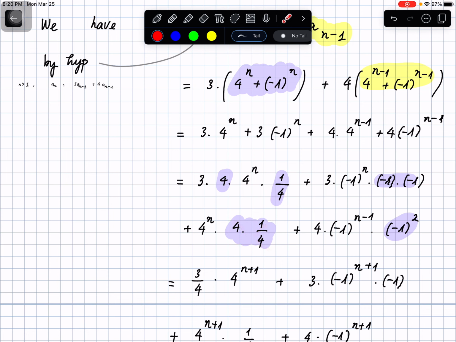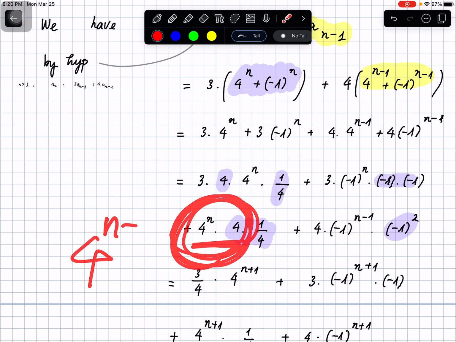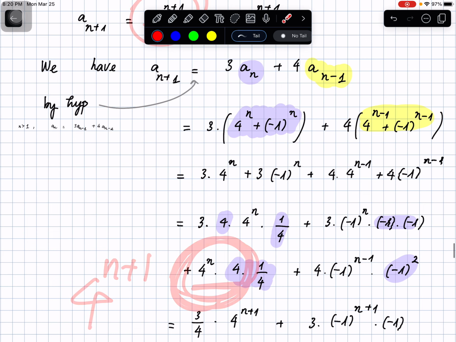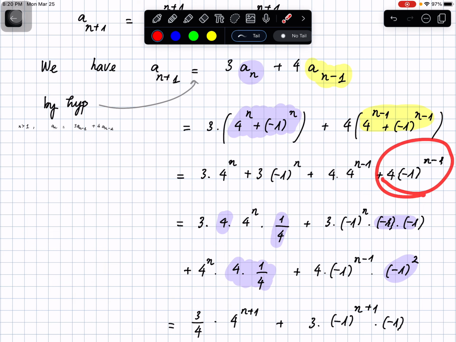But now, if we use associativity, we know that this will give us 4 to the n plus 1. That is what we want. Okay, similarly, for the last one, we want minus 1 to the n plus 1. Therefore, I multiply by minus 1 squared. So nothing changed, because minus 1 squared equals 1. This term is still here.